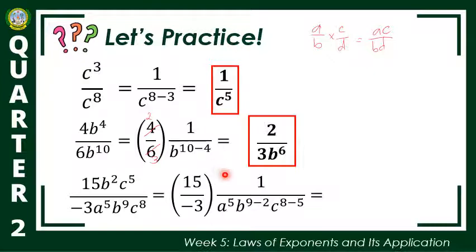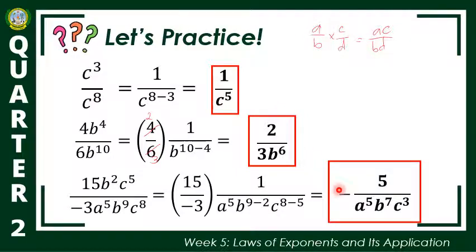Since the numerator is negative and the denominator is positive, the whole expression is negative. So we have negative 5 over a raised to 5, b raised to 7, c cubed. Because it is negative times positive, the whole fraction is negative.